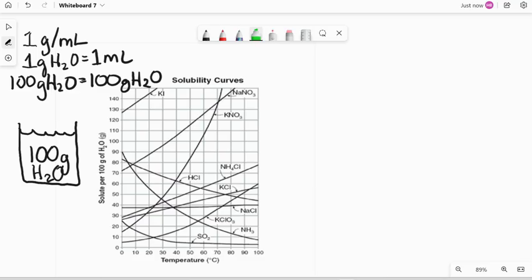So first, let's look at some of these. We're going to separate these into two different types of lines. Some of the lines, the solubility increases with increasing temperature. Some of the lines, that's not the case. Who can find a line where the solubility decreases as temperature increases?